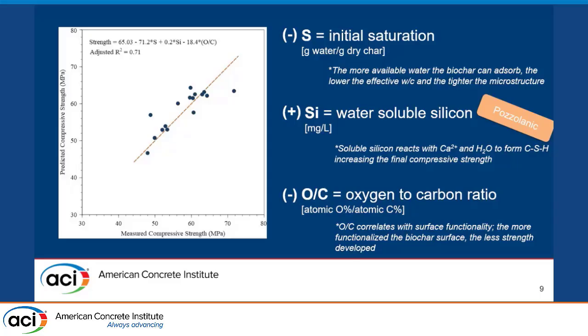Still need to figure out exactly what that mechanism is and how it's affecting our compressive strength gain. But we see really good correlation between the measured compressive strength that was shown a couple slides ago and the predicted compressive strength using these three parameters in this model. So this gives us a way forward on what we need to optimize, what we need to look into for understanding how biochar is interacting with cement systems.